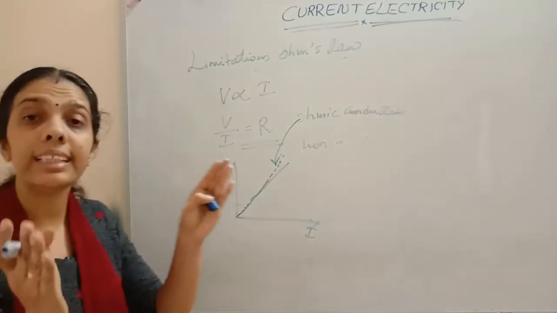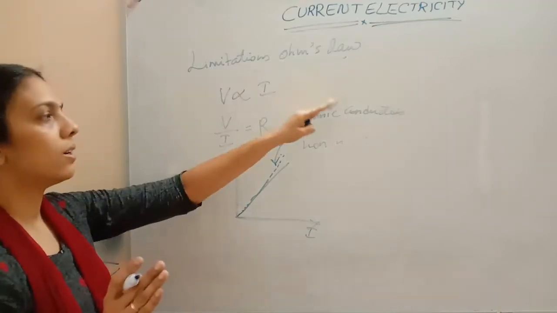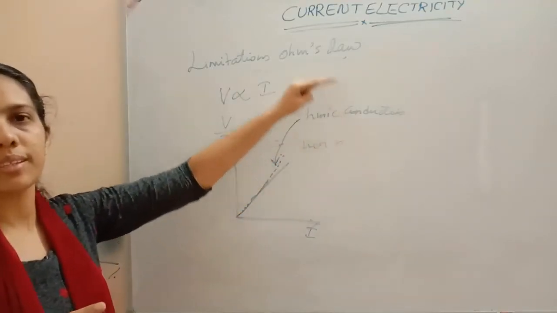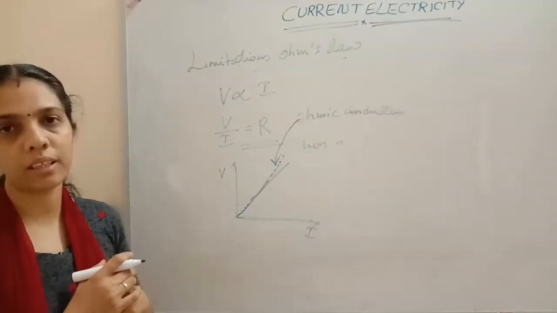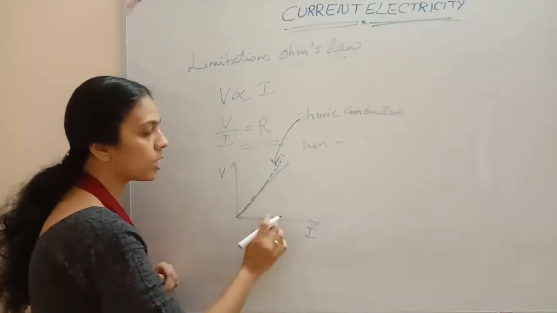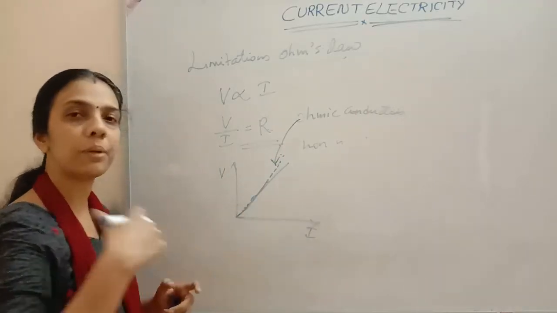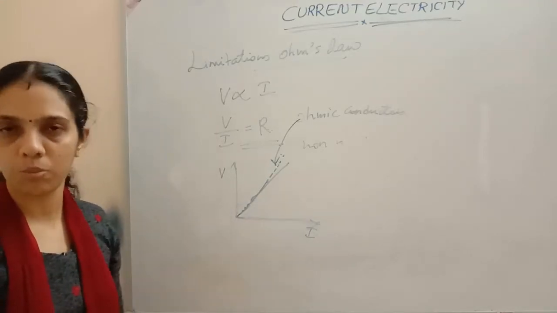It won't be linear proportionality in the case of non-ohmic conductors. So that is a limitation. At higher temperature, it won't obey Ohm's law. As more current flows, temperature will increase, and then it won't obey Ohm's law properly.